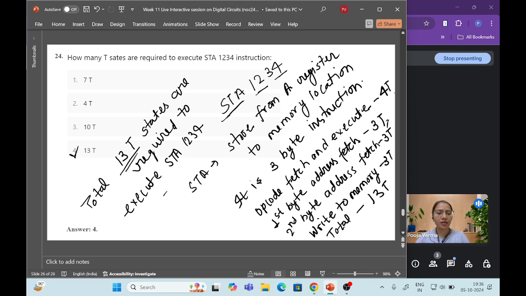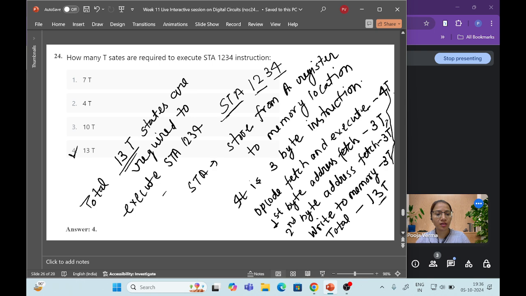If you add these, you will get 13. The total 13 T states are required to execute the STA 1, 2, 3, 4 instruction. That means option 4 is the correct answer for this question.